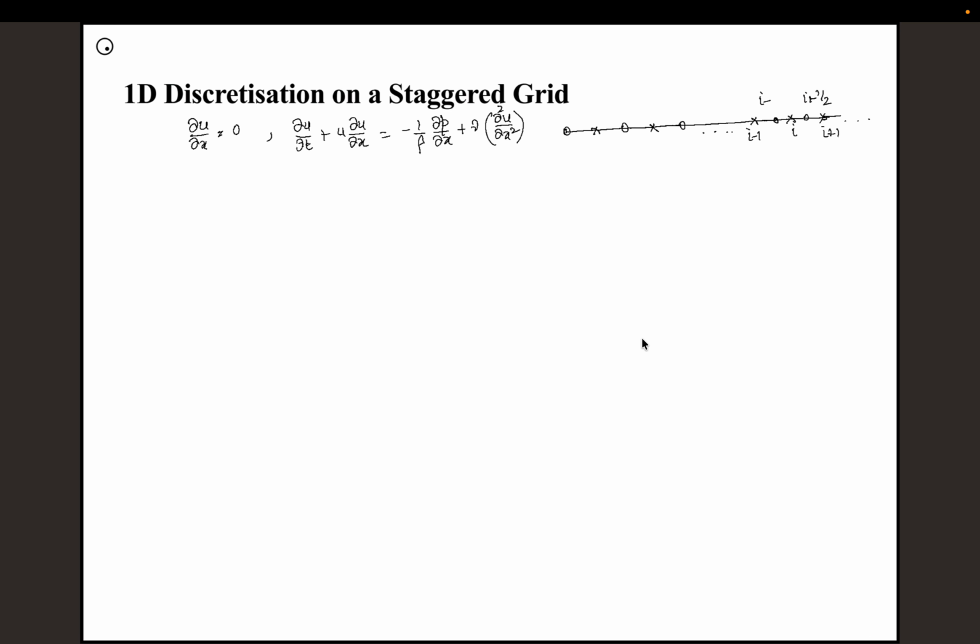I plus half, I minus half. Just write all the half coordinates on the top, and so on.